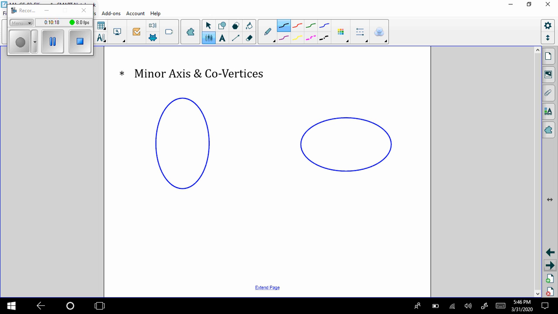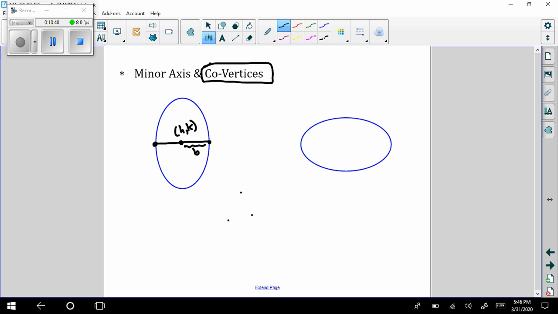All right, so your minor axis and the co-vertices. So the co-vertices are on the ends of the minor axis. So in this case, for this vertical ellipse, my minor axis is horizontal. This is still my HK. Here are the vertices of that minor axis. And this is going to be affected by the B value.